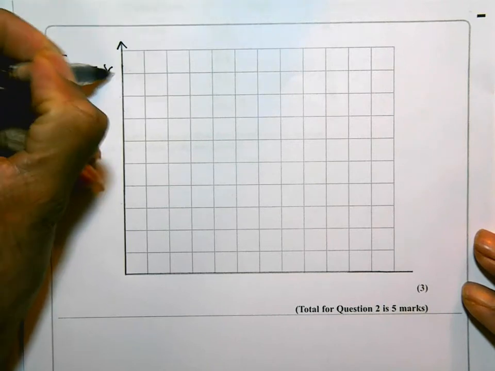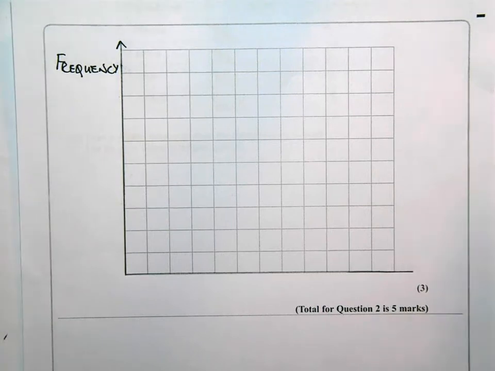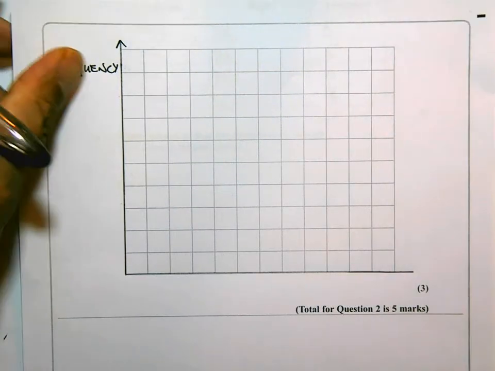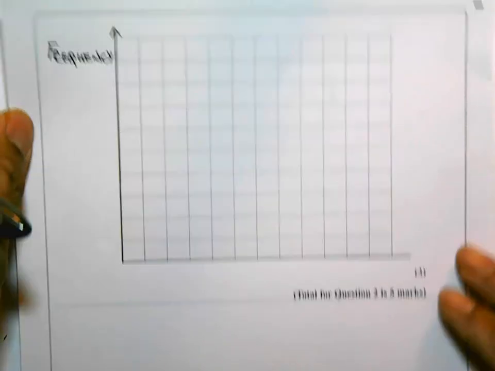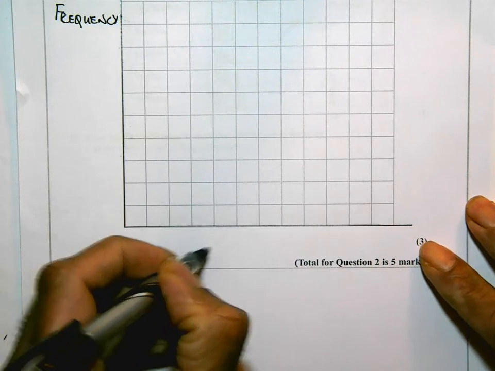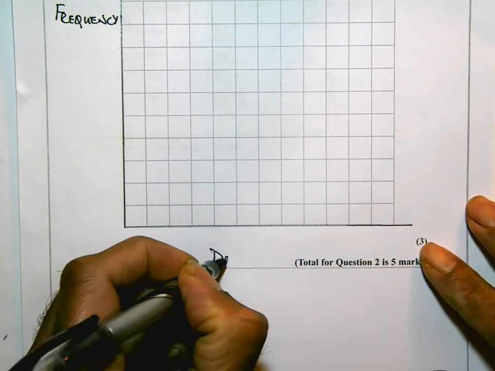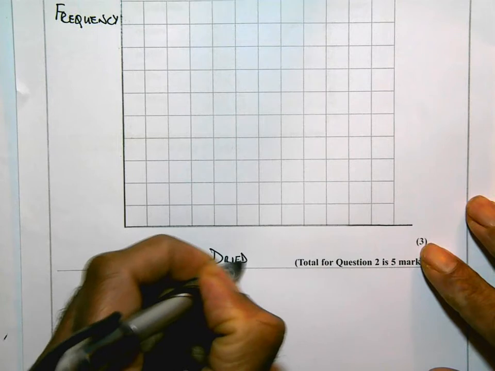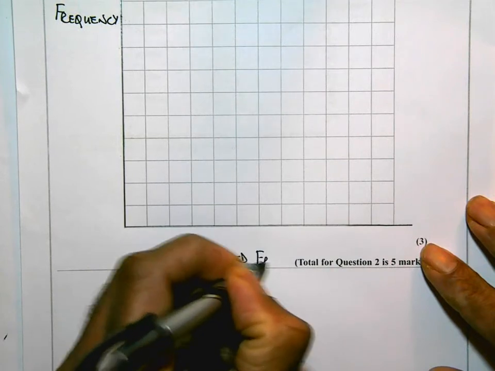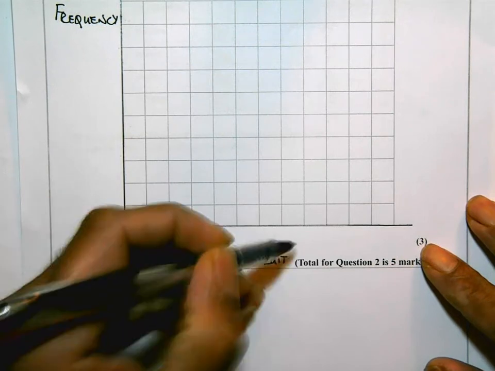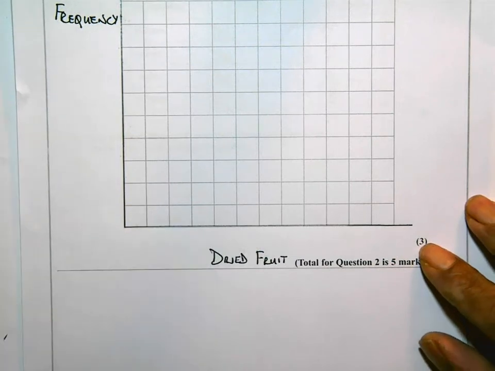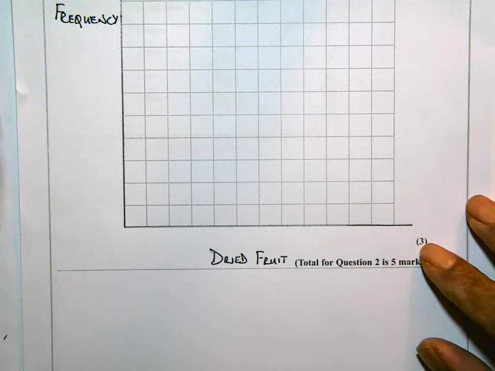And because the information on the table is the dried fruit, that's what I'm going to put at the bottom. So at the bottom I'm going to put dried fruit. I left some space here, so when I write in the names of the fruits, there's enough space for each of them. Now, what I need to do is to start labeling this up.